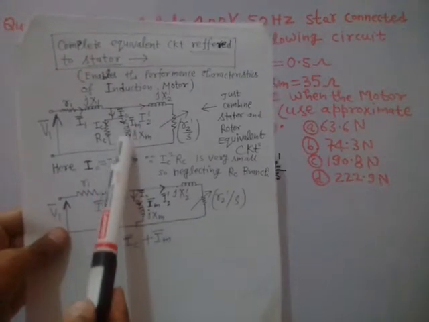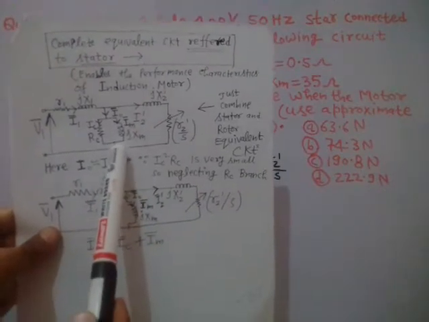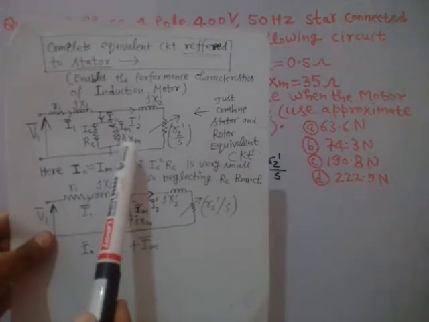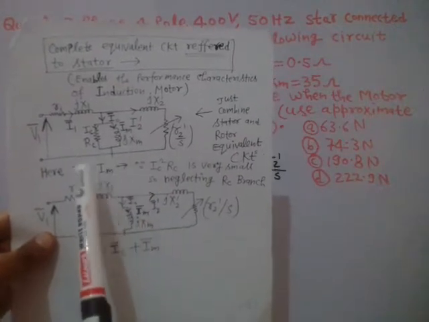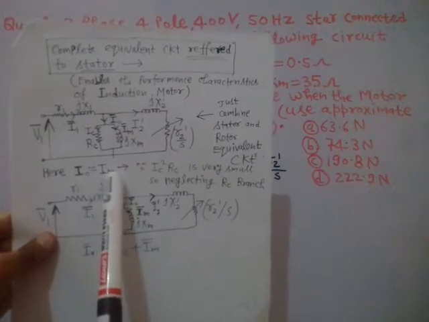Im is the current flowing in this parallel branch, which has the magnetizing reactance jXm. So I naught is equal to Im.